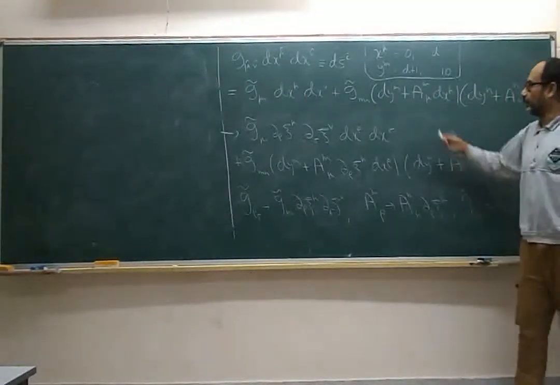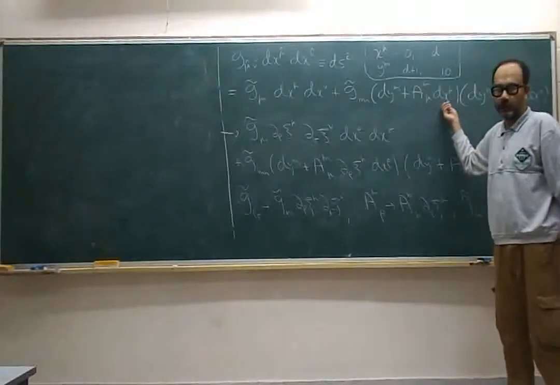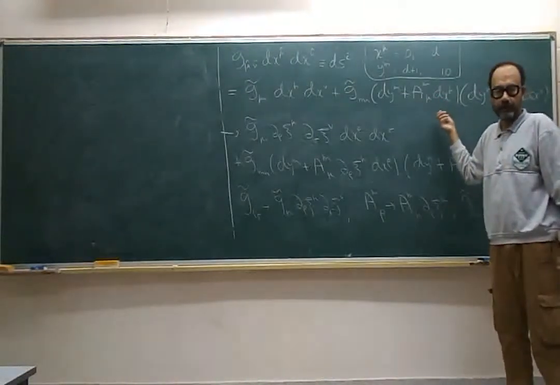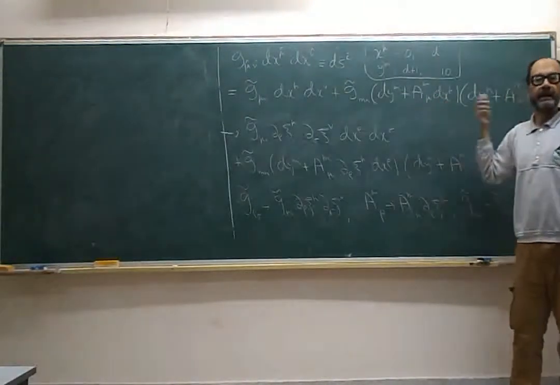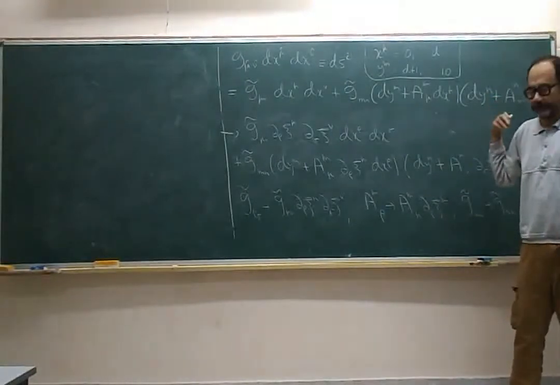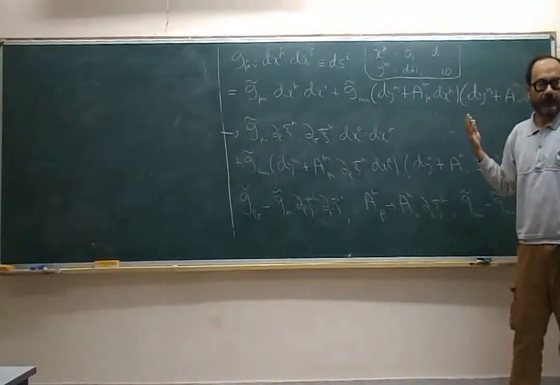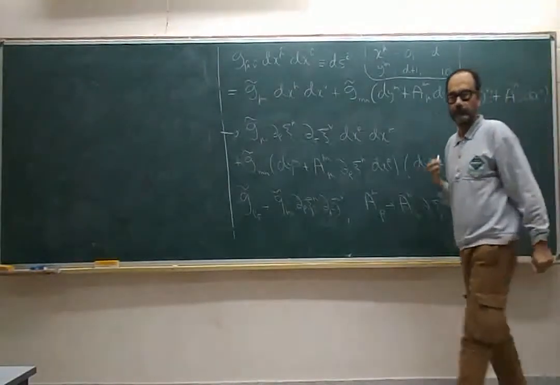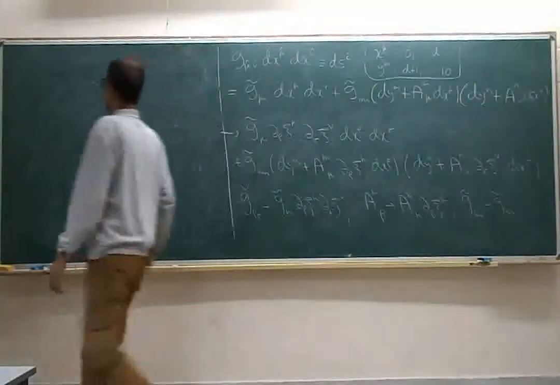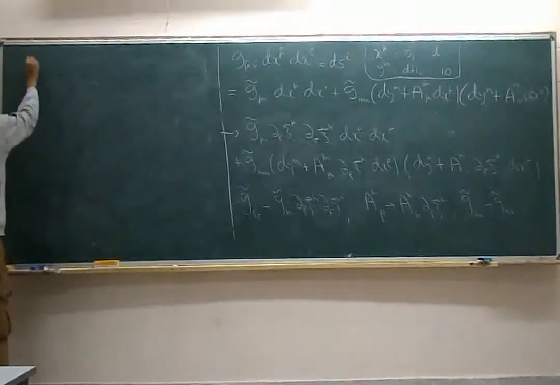Okay. So this combination is useful, and that's what we are going to make use of now when we describe how to decompose a form field in lower dimensional forms. So, decomposition.